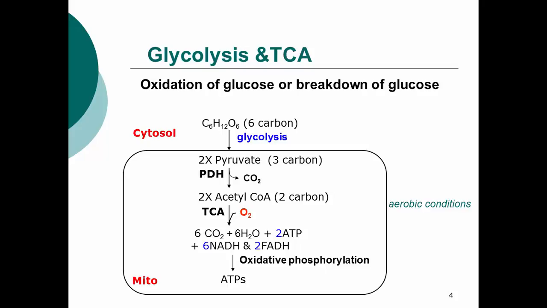The glycolysis pathway from glucose to 2 molecules of pyruvate occurs in the cytosol, and then pyruvate is transported into the mitochondria, and the rest of the process occurs in the mitochondria. Pyruvate dehydrogenase converts pyruvate to acetyl-CoA, and acetyl-CoA enters the TCA cycle, producing NADH and FADH2, which enter oxidative phosphorylation for the actual ATP production, right?